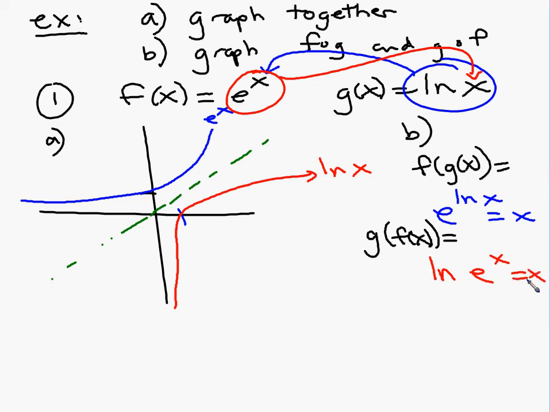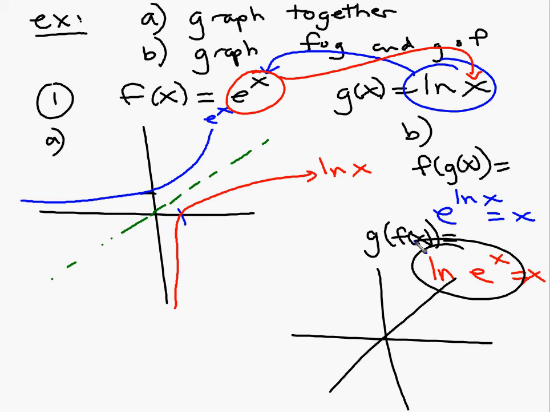This is also x. So when you get ready to graph b, it's just going to be y equals x. Even if you had entered them into your calculator like this and like this, that's what it's going to graph, because your calculator knows that that's the case too.